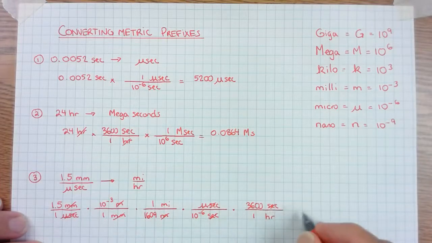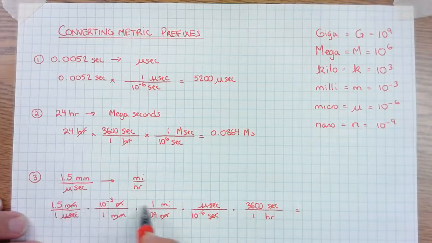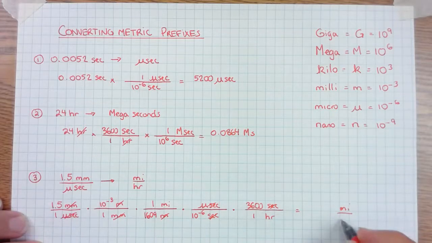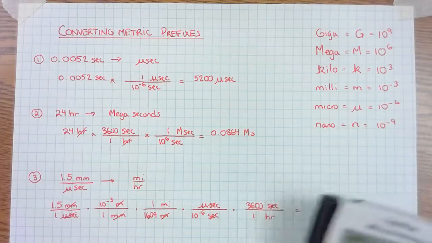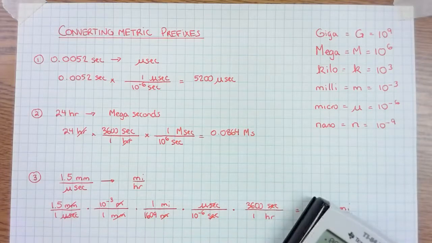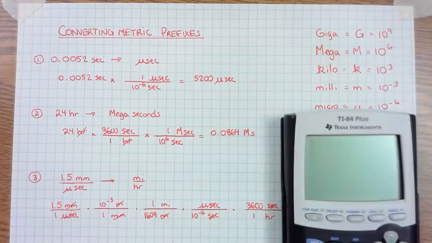The seconds cancel, and so we are left with, in the numerator, miles. In the denominator, we're left with hour. That's good, miles per hour. And then we simply can do the computation. That's going to be 1.5 times 1e to the negative 3.